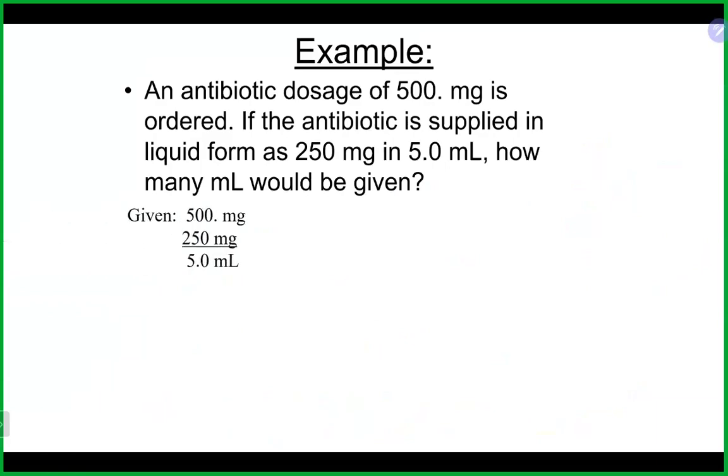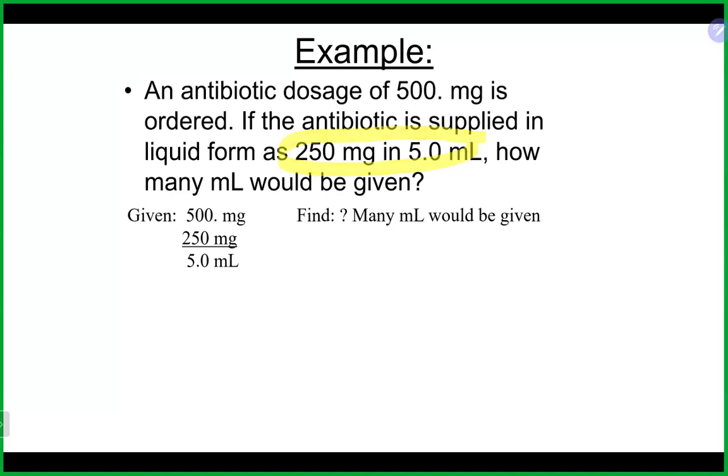An antibiotic dose of 500 milligrams is ordered. If the antibiotic is supplied in liquid form of 250 milligrams in 5 milliliters, how many milliliters will be given? Sometimes you're given information in the actual problem, which frankly you could use as a conversion factor. And that is the case here.